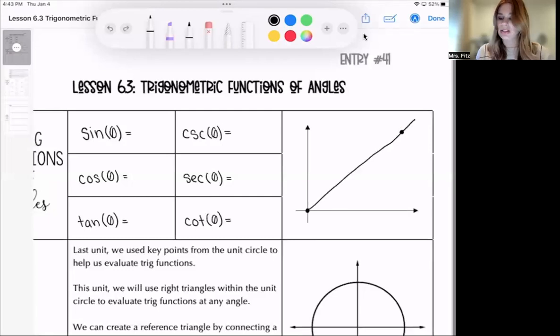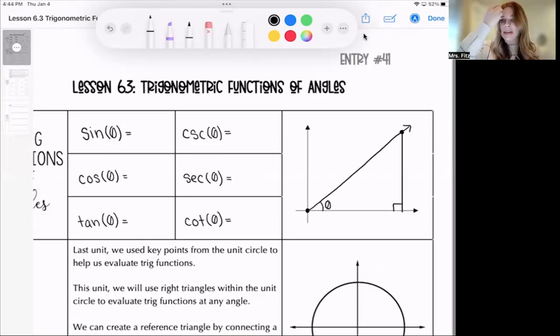Let me just try to make it as straight as I can. Okay. So we have a reference triangle. I'm going to drop it perpendicular down to the x-axis, just like this. And I have a right triangle with this angle theta.